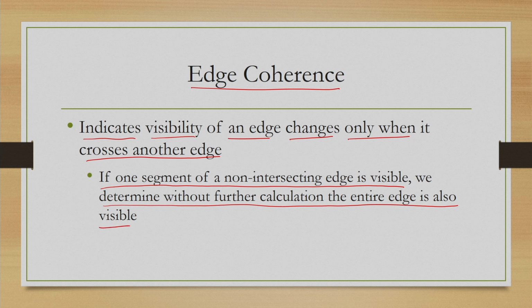So, edge coherence tells us that there will be a change in visibility only if the edge intersects another edge. In other words, if one segment of an edge is visible and the edge is not intersecting with any other edge, that means we can say that entire edge is also visible.